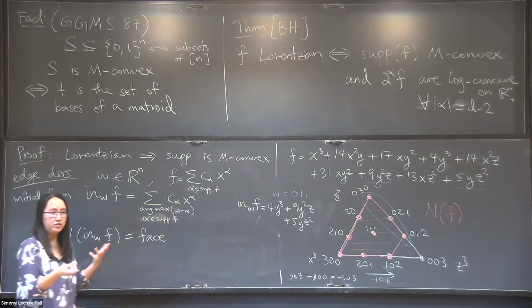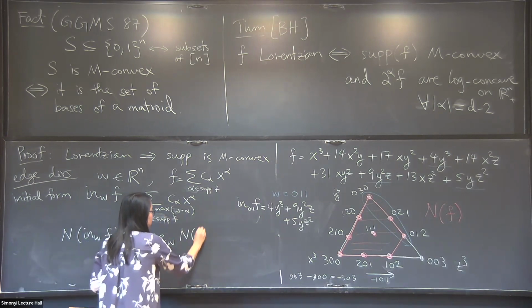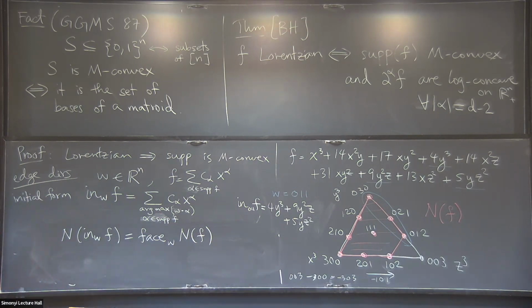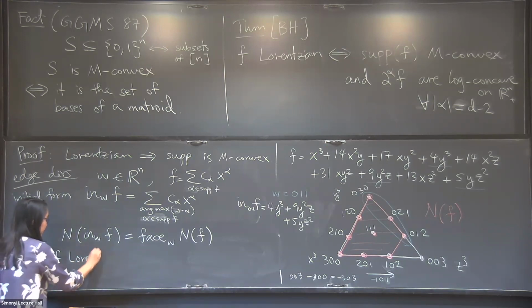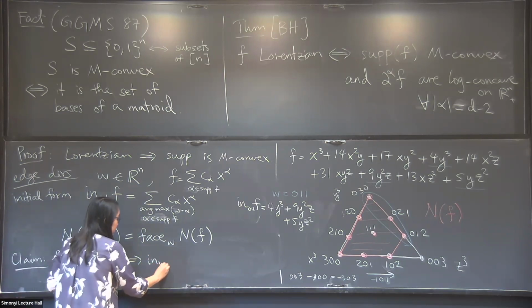In our case, we're only interested in the edge, so it's going to be the edge of the Newton polytope in that direction. Next I want to claim that if F is Lorentzian, then the initial form is also Lorentzian.